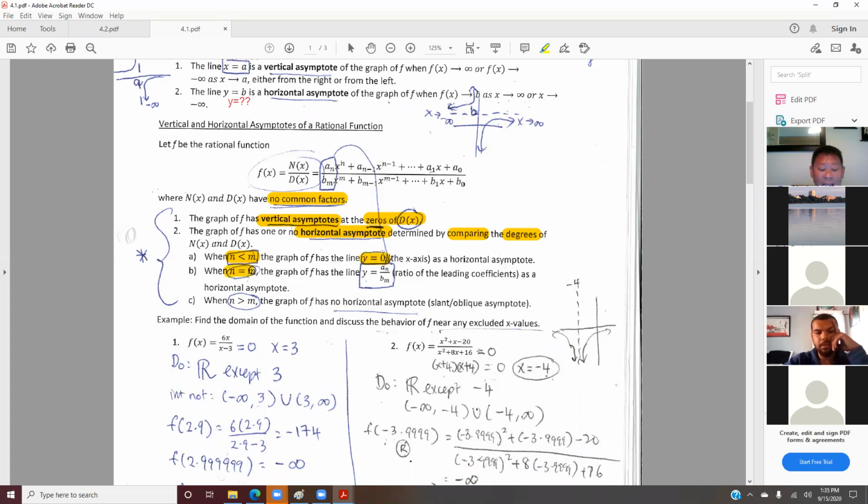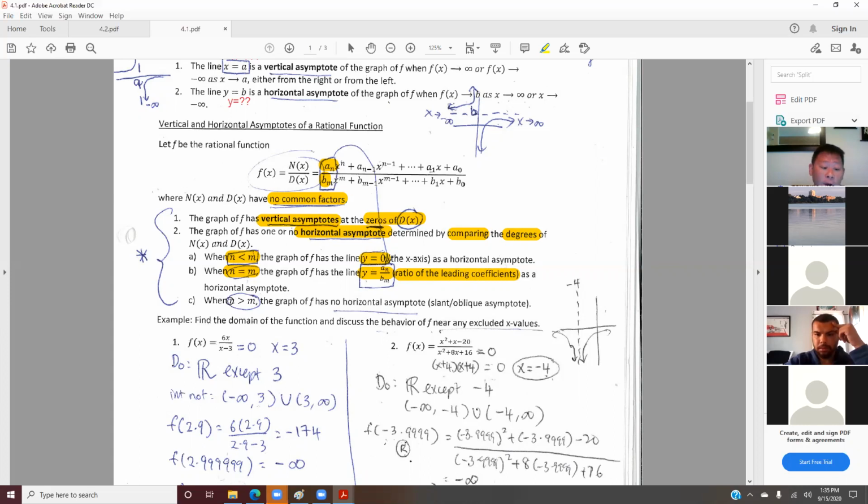If they have exactly the same power, then your horizontal asymptote will be an over bm, which is the ratio of the leading coefficients, an and bm. The ratio means divide them.